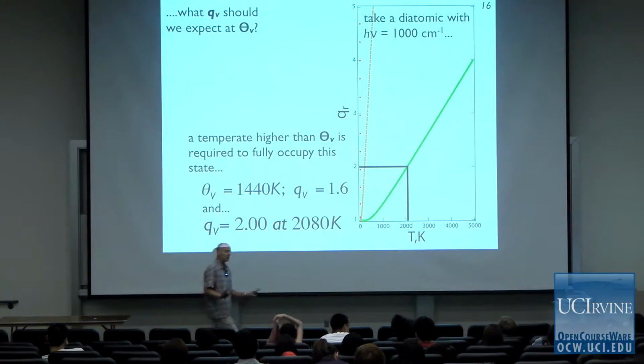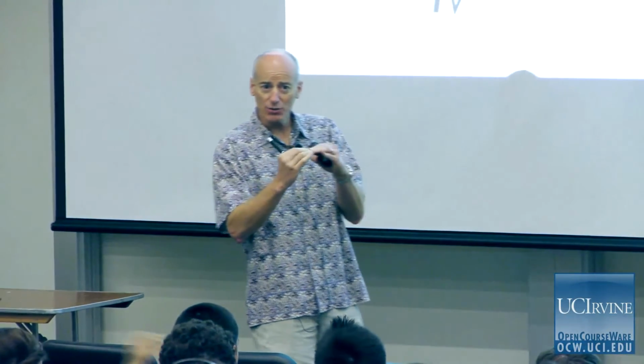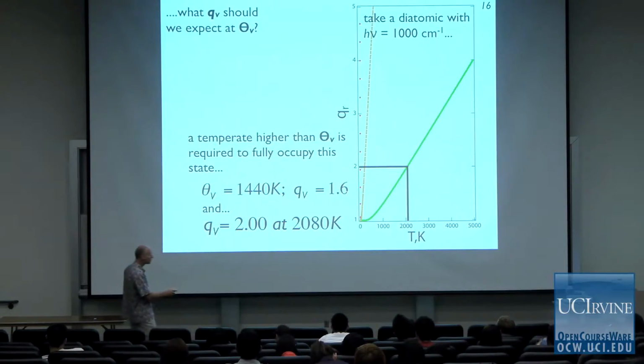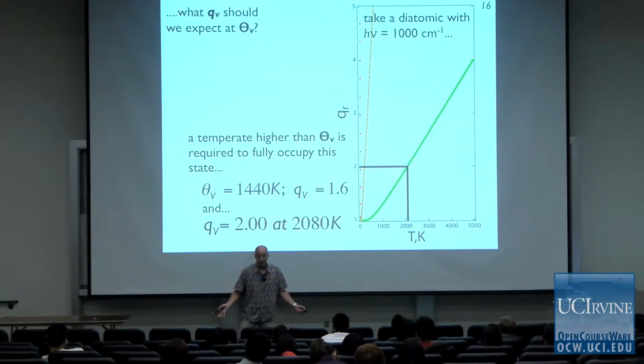Okay, so that's the intuition we want to have. If the temperature equals the characteristic vibrational temperature, we're going to expect the partition function to be 1.6, 1.5. That's just the way the partition function works. It's counterintuitive.